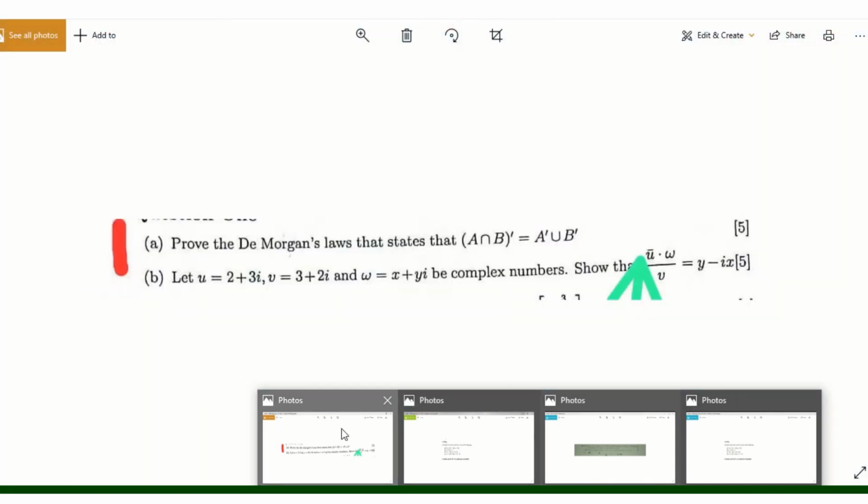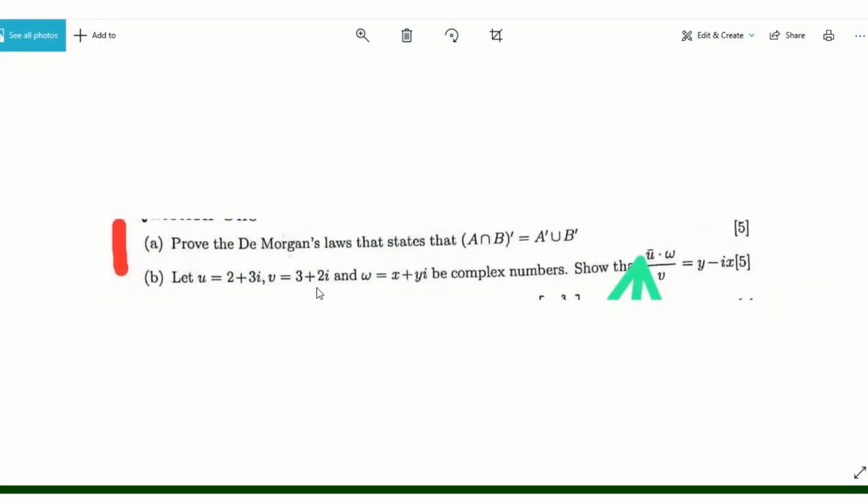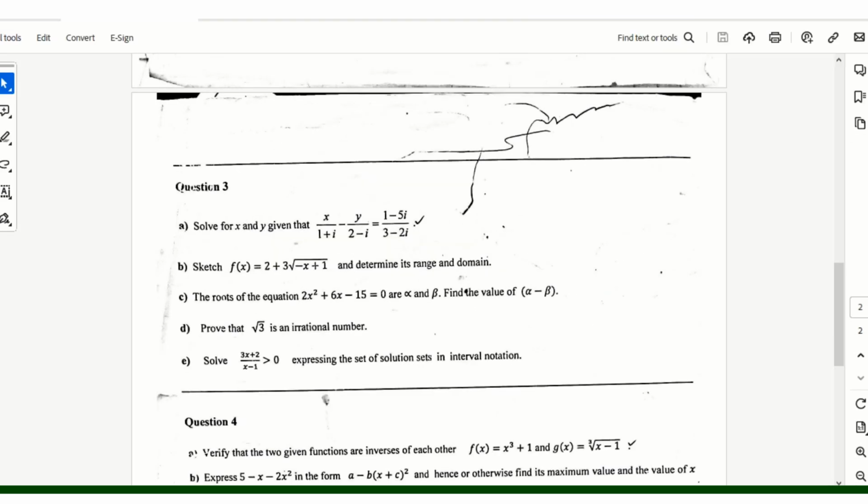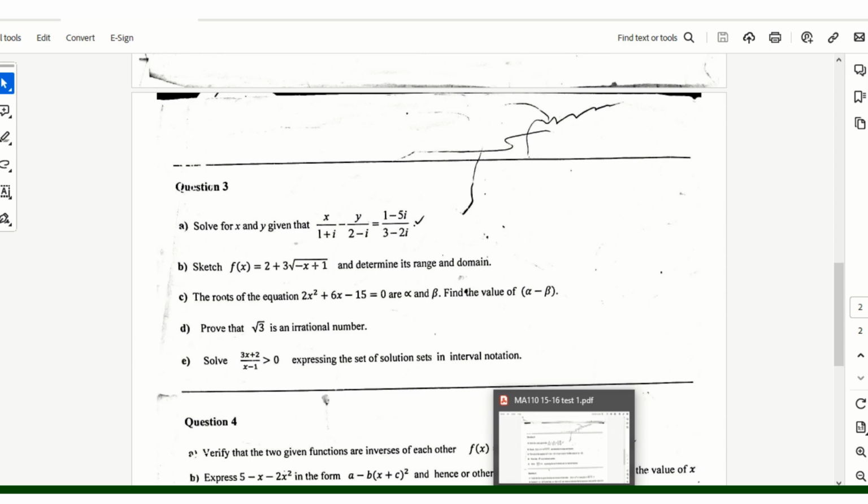Third, we have this one, and fourth question will be this one. Question 3a, we'll be solving this one. All right, so let's begin.